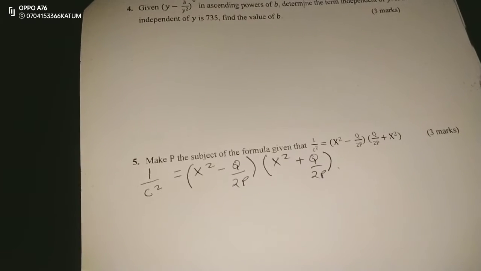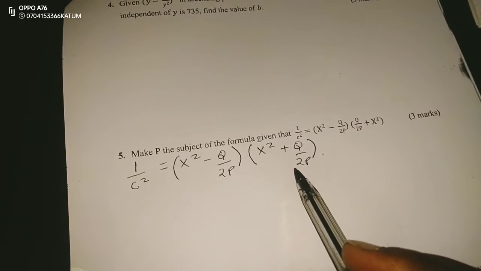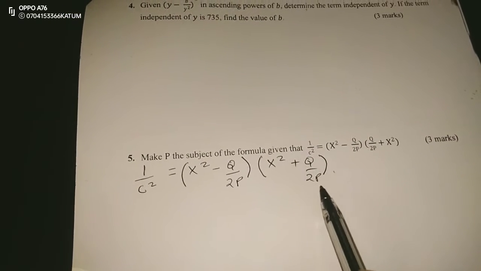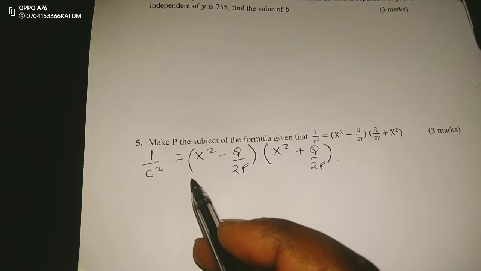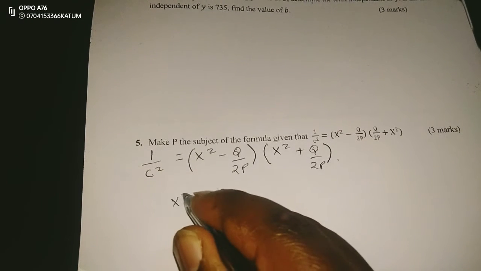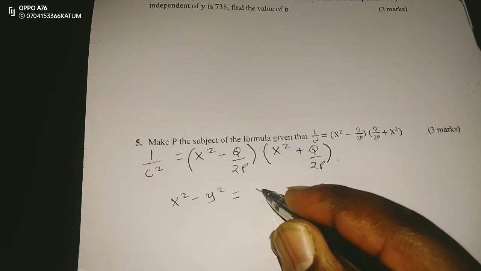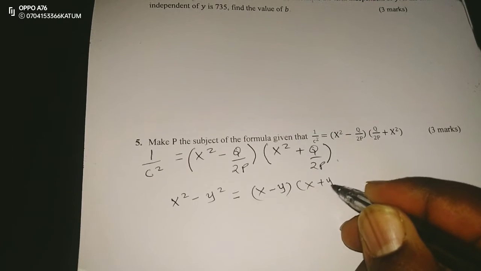Now, what we can see from the right hand side is a simplified format of a difference of two squares, because among the quadratic identities, we usually say if we have x squared minus y squared, this can be simplified to x minus y and x plus y.